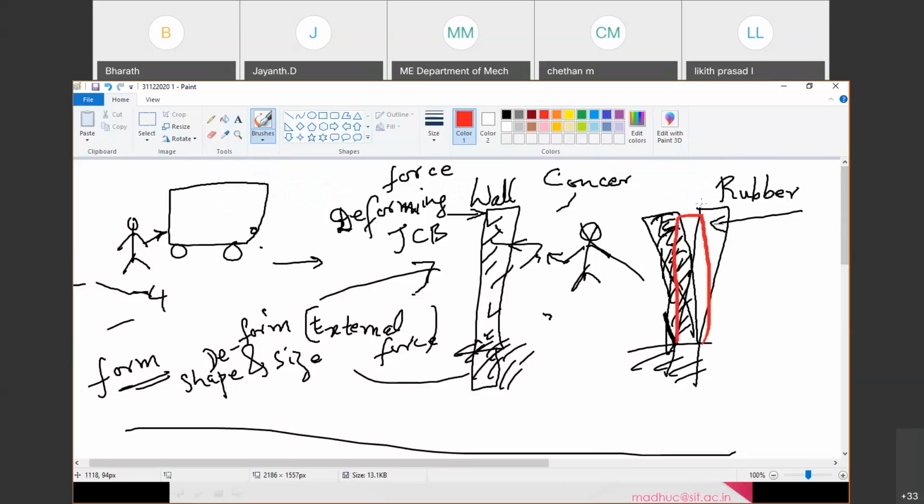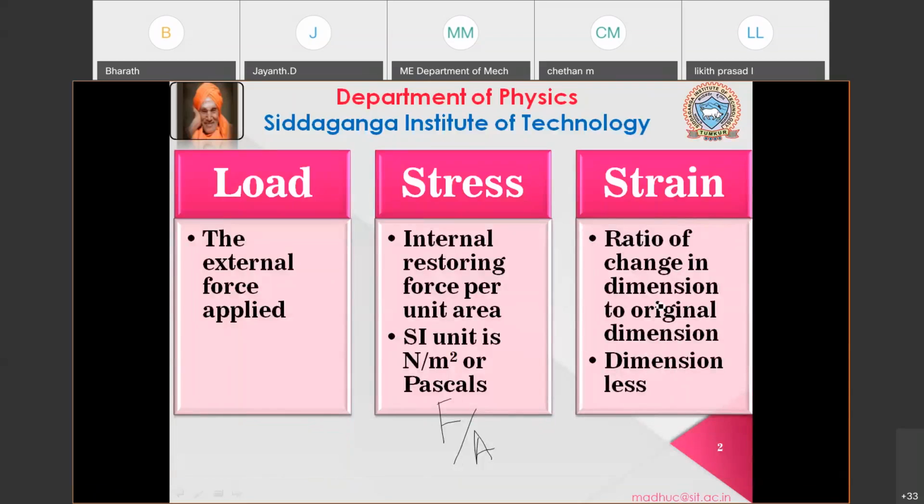The black one is the original position, but now there is a displacement, a deformation in the material. This kind of change is called strain. Strain is the effect of your external force on the size and shape of the material.